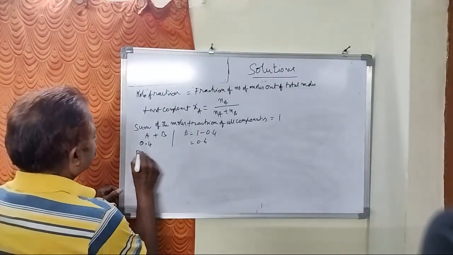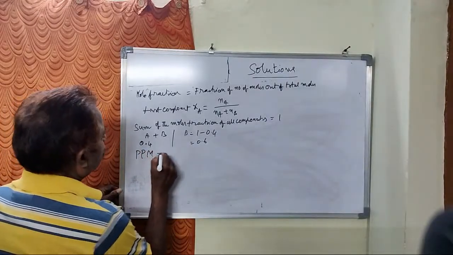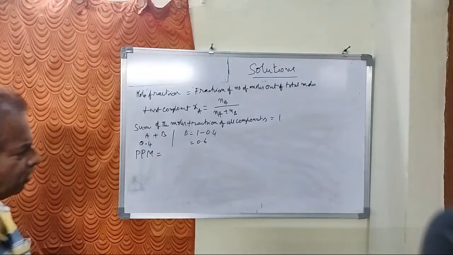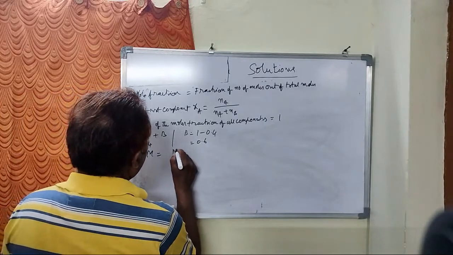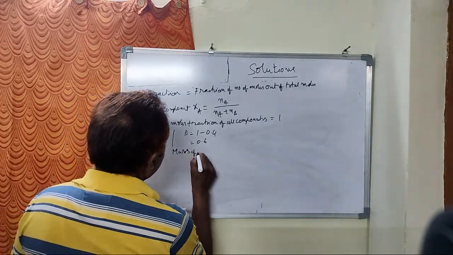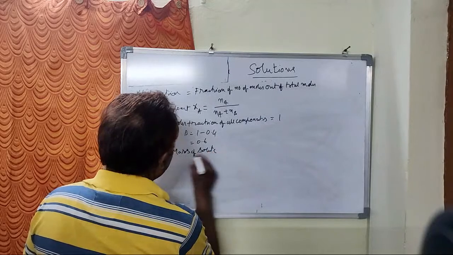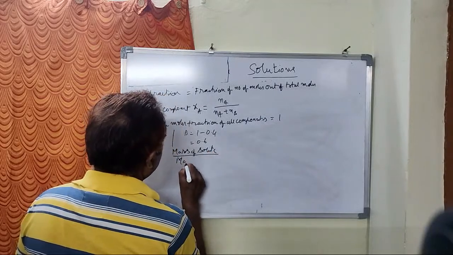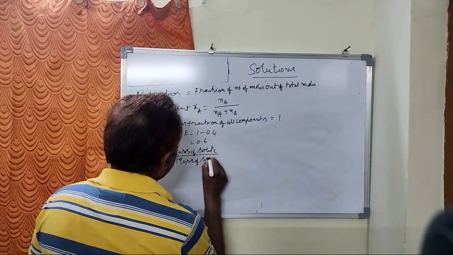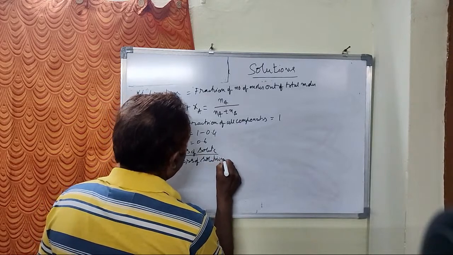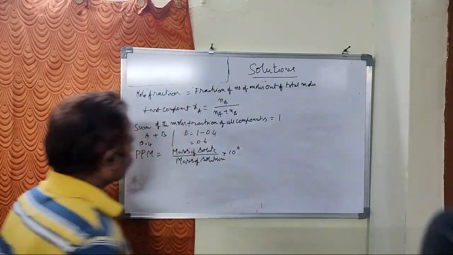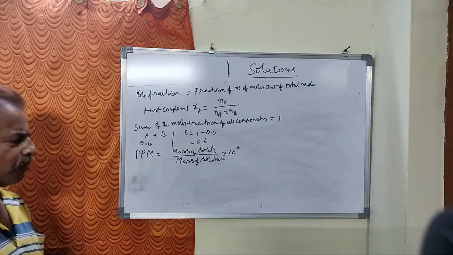Then finally we have ppm, parts per million. Parts per million equal to mass of the solute by mass of solution into 10 to the power 6 parts. This is parts per million.